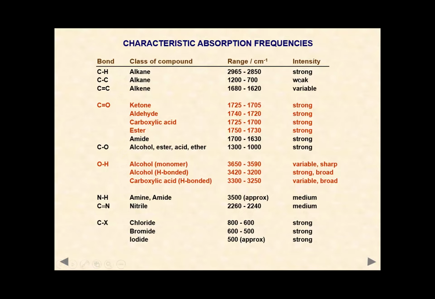Intensity is not very much related to your syllabus, but still it's given. If the signal is strong, you are going to get a long downward peak. If the signal is weak, then you are not going to get a long downward peak. Maybe you'll get a broad and a small peak. Is it clear? All right, perfect.